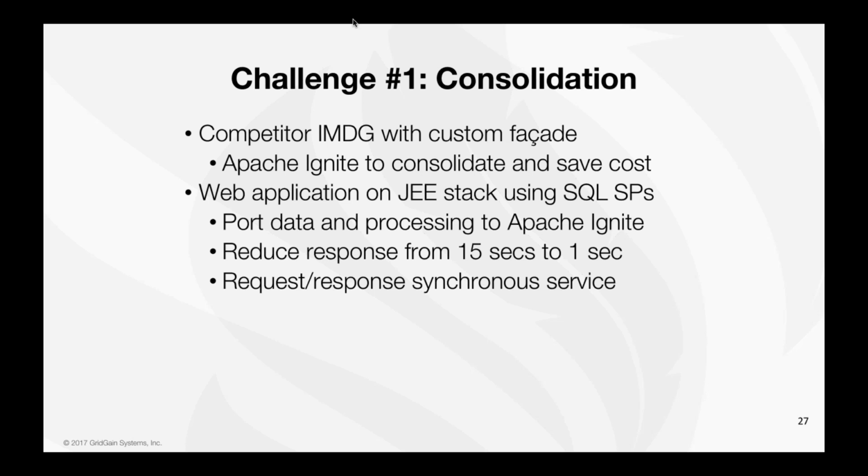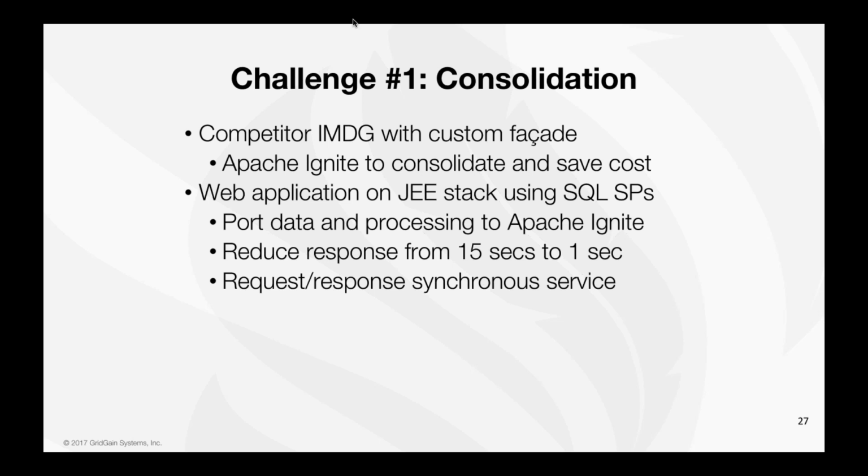The second system, as we can see, is a web-based application built on a traditional Java Enterprise Edition (JEE) architecture stack. The business logic is built in stored procedures, compiled to an existing relational database. The way they've architected it was reasonable and adequate for their existing requirements.